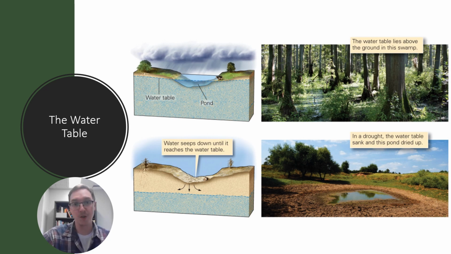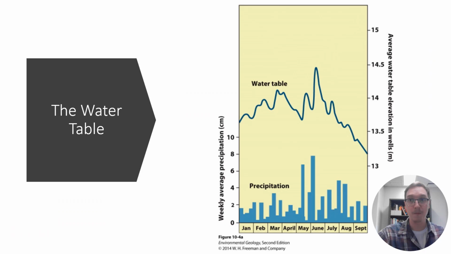Then we have situations where the water table might be below the surface, and those ponds or streams can dry out if water is dropped far enough. So that contact point that we see in this little line right here and this little line right here drive how that water is expressed on our surface.